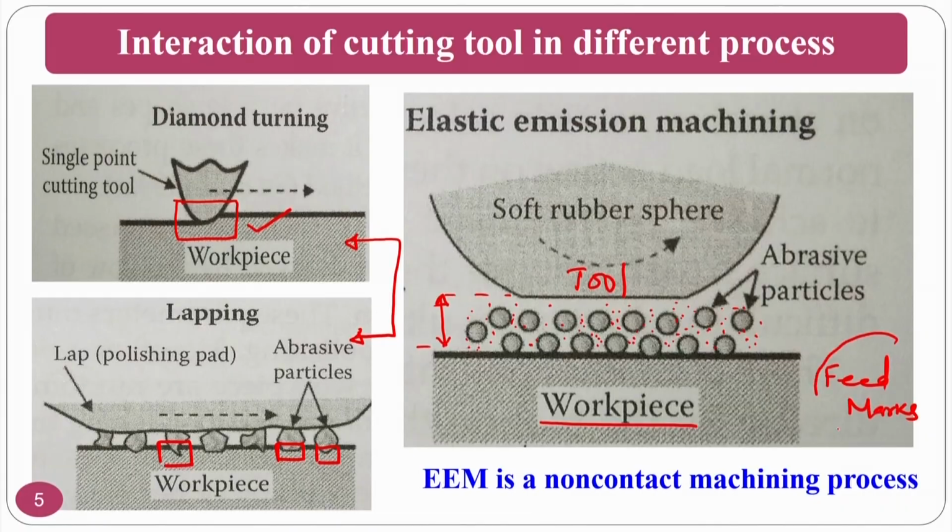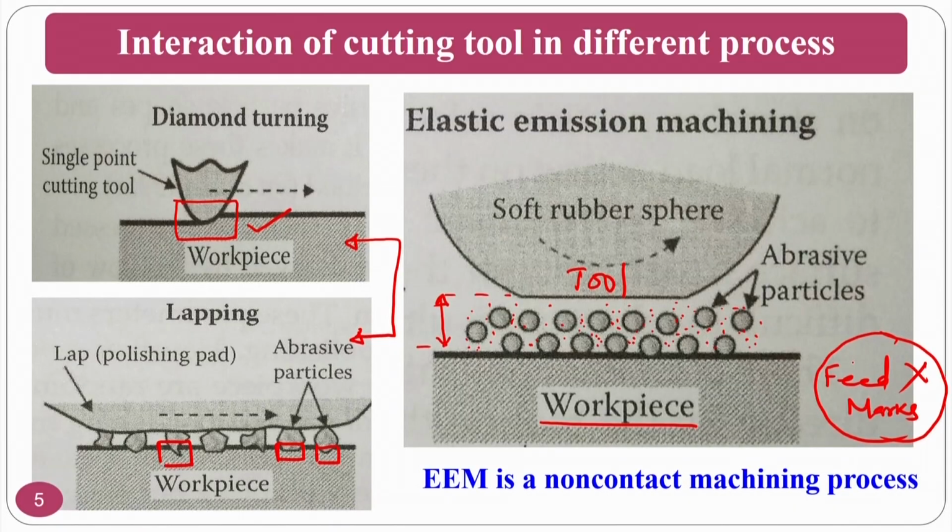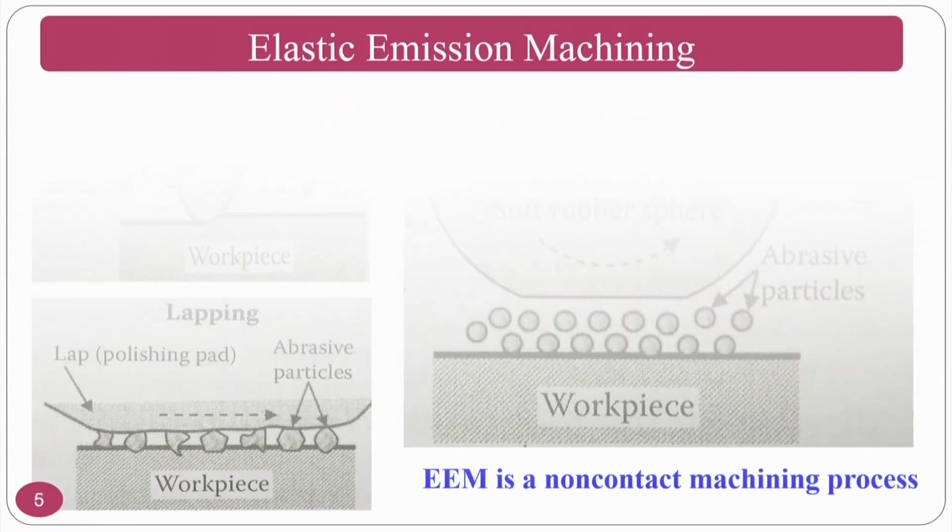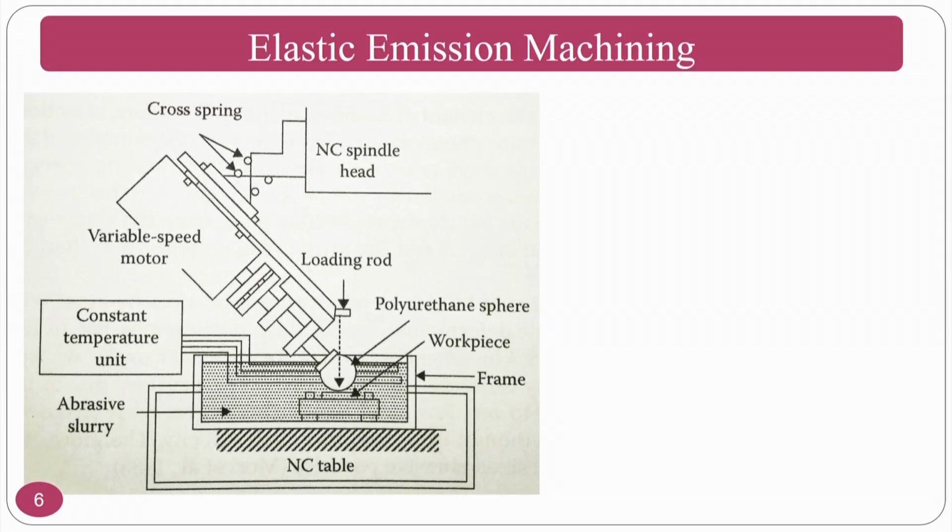So, these feed marks will not be there in this one, because of which the lenses or any optical things that are produced by the elastic emission technique will be scratch free, or will have a good surface roughness along with the figure also. Okay. So, this is one of the good processes for producing the lenses. So, how does the elastic emission work?